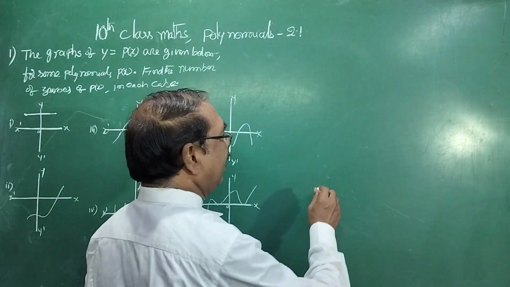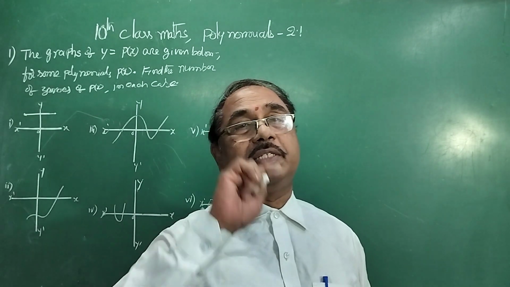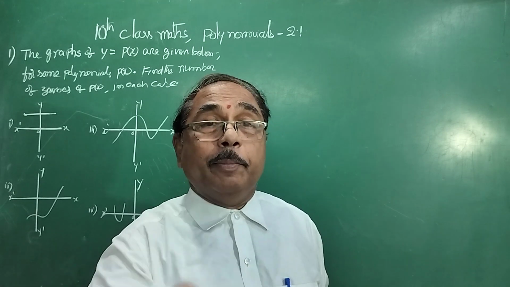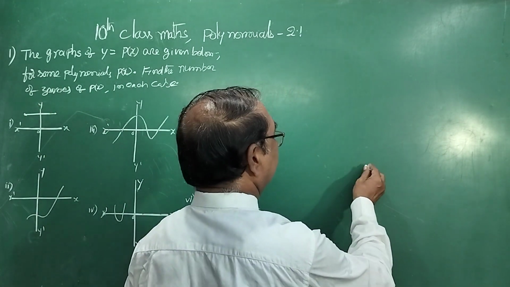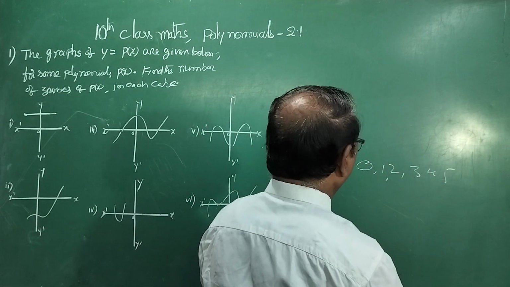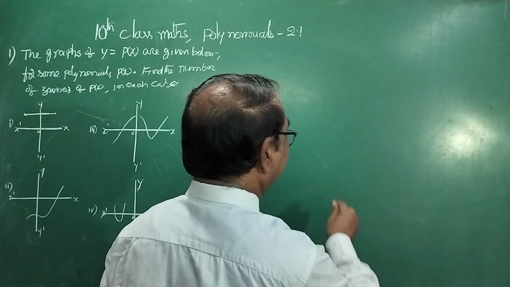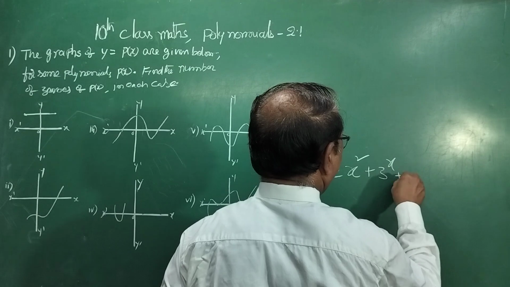What is a polynomial? The exponents, the powers of the variables, should be whole numbers. Whole numbers means 0, 1, 2, 3, 4, 5, 6. Here you see 2x square plus 3x plus 7.